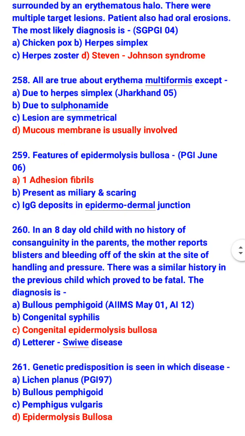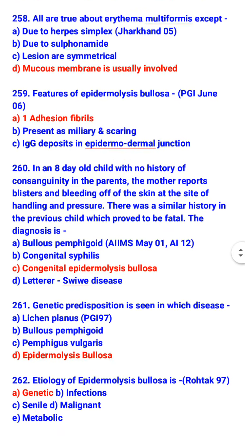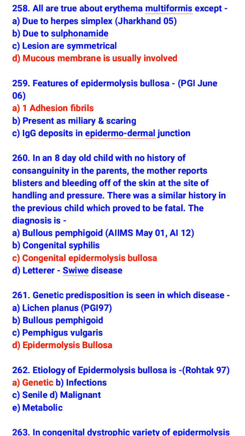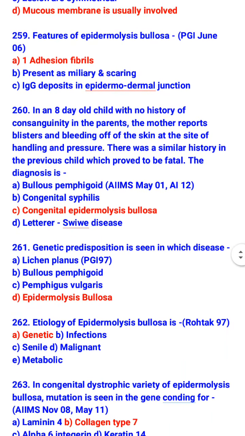Features of epidermolysis bullosa include decreased adhesion fibrils. In an 8-day-old child with no history of consanguinity in the parents, the mother reports blistering and bleeding of the skin at the site of handling and pressure. There was a similar history in the previous child, which proved to be fatal.